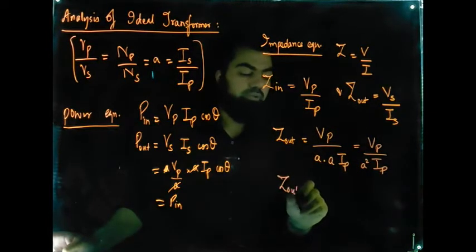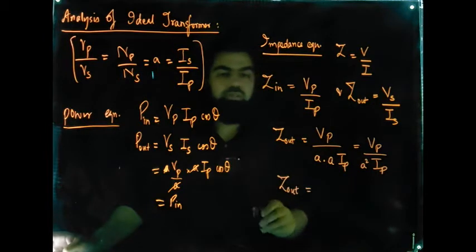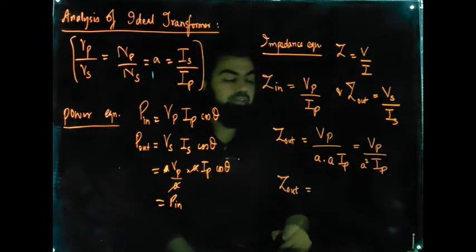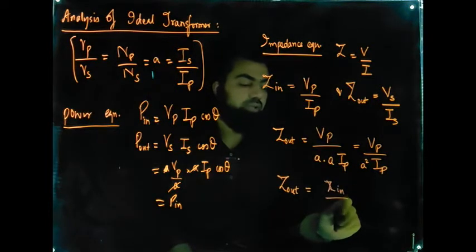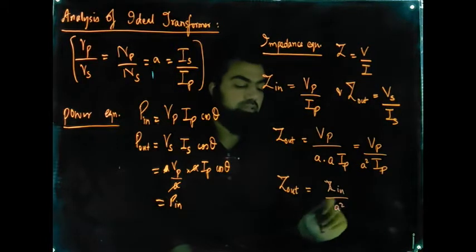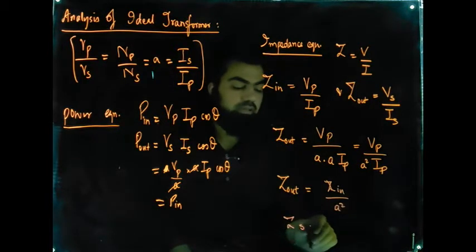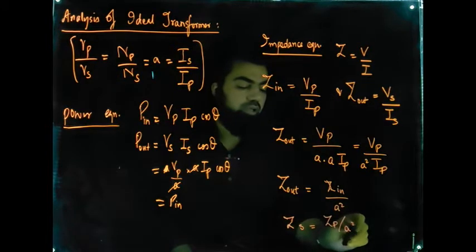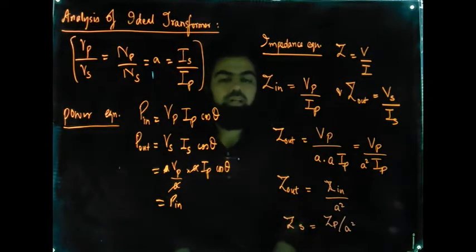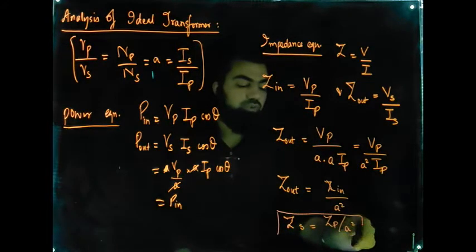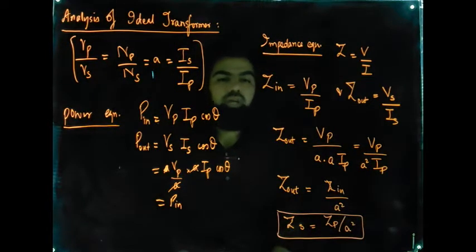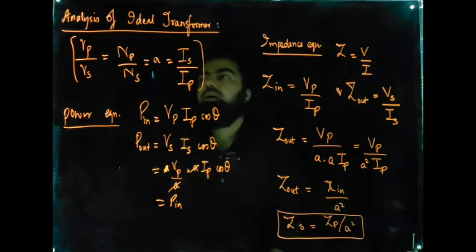So Z out, which represents the impedance of the secondary circuit, is equal to Z in divided by A square, or you can simply say Zs is equal to Zp divided by A square, or Zp is equal to A square times Zs. So this is known as the impedance ratio of the transformer.